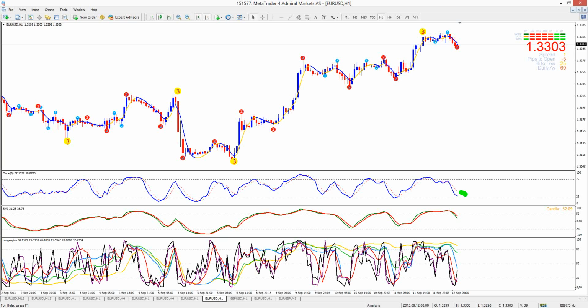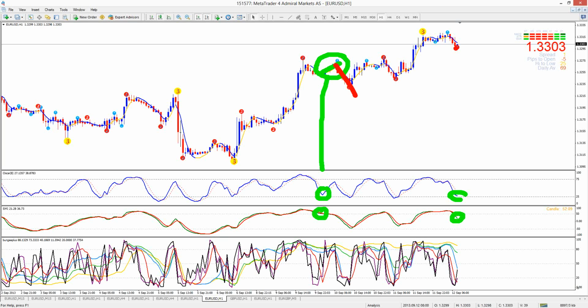You can see the Oscar is reaching kind of an oversold at the moment, although the SMI is way at the top still. So that's a bit of a divergence between those indicators. The last time that happened, we had a bit of a snapback here, and then still continuation.